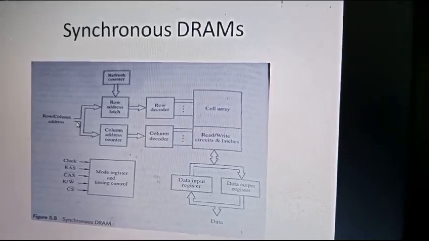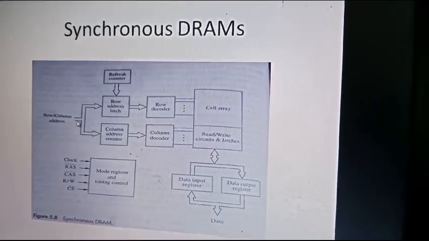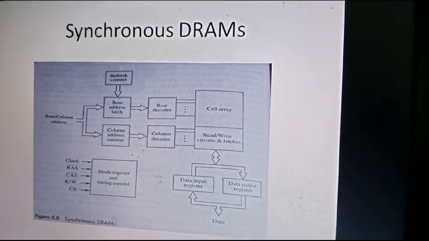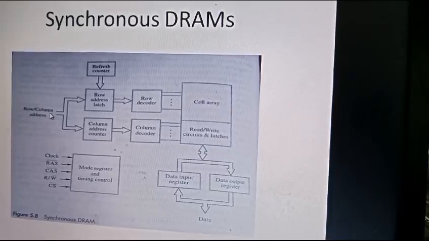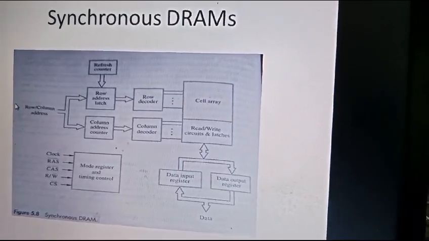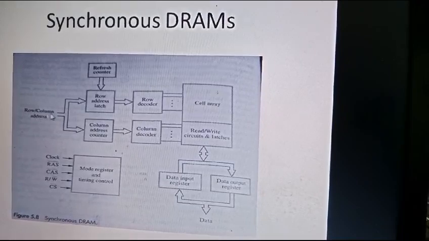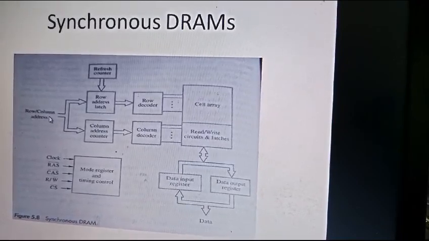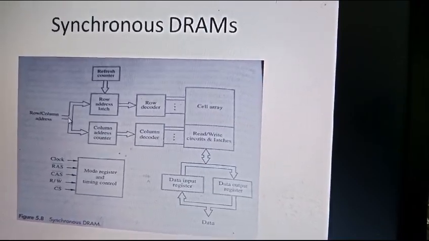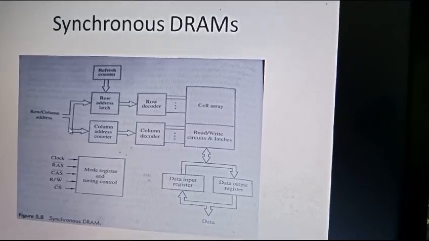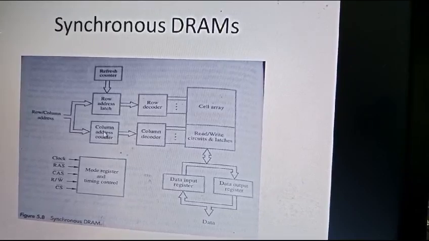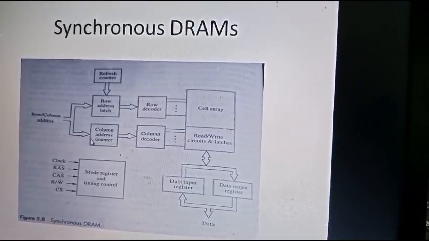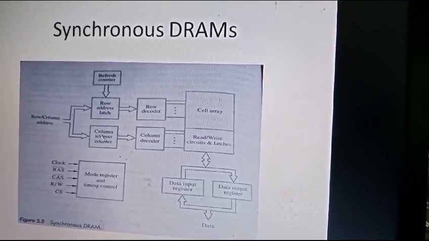Again, after some time duration, 2-3 clock cycles, the processor will send the column address through the same address lines. That column address will flow towards this column address counter, and it is received by this latch.